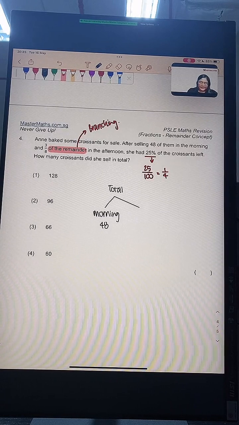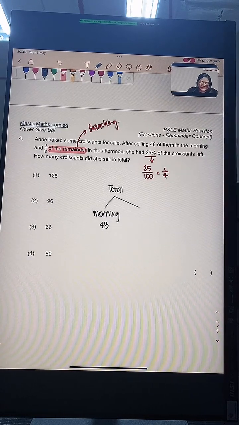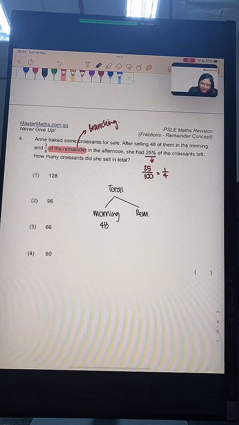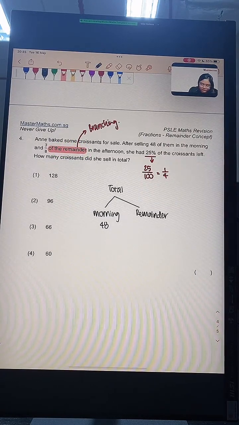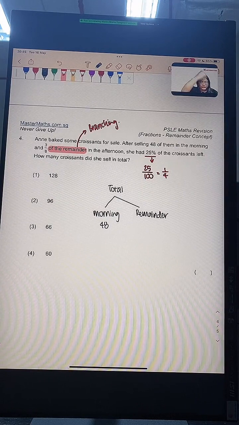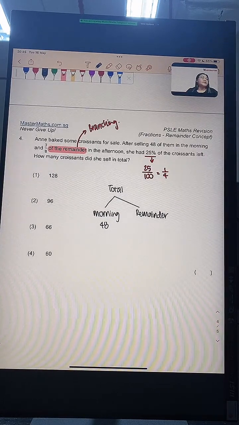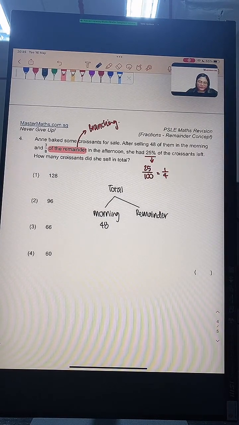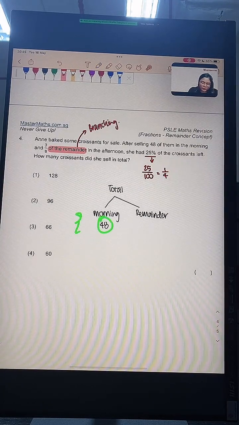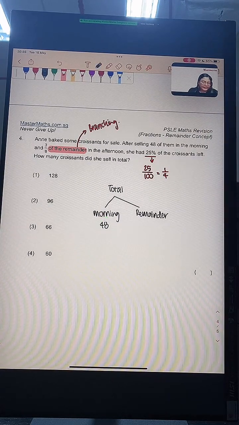Next, we see of the remainder, so we are again going to write down the remainder. We don't know how much this remainder is, because we cannot find one whole here since this is a number. If this is a number, we can leave the remainder as it is for now.